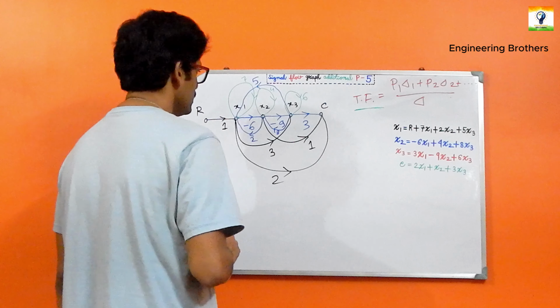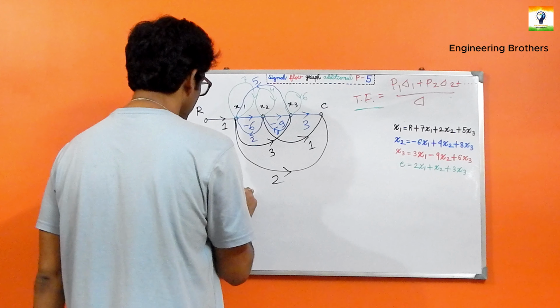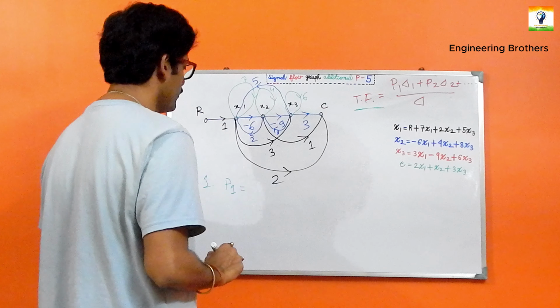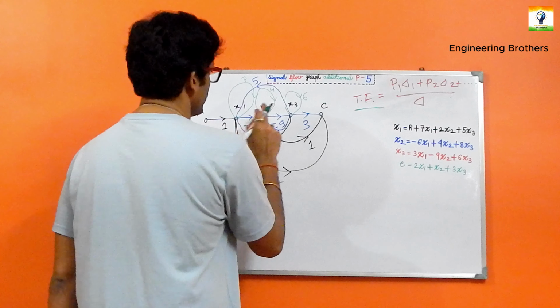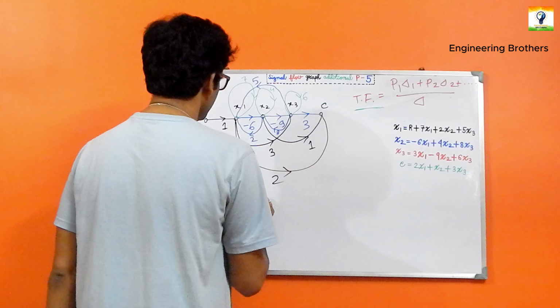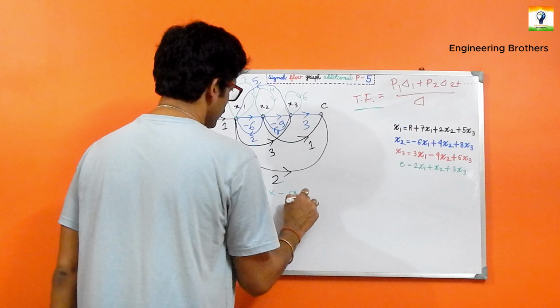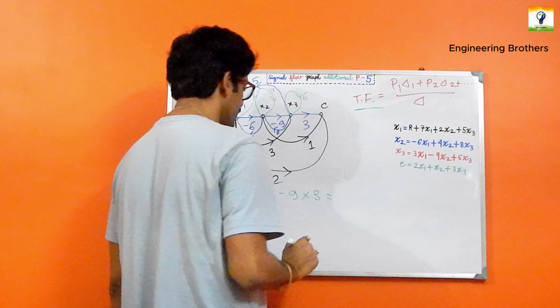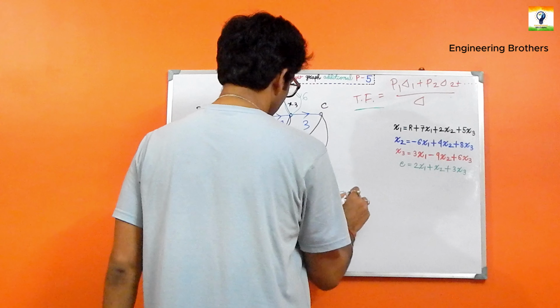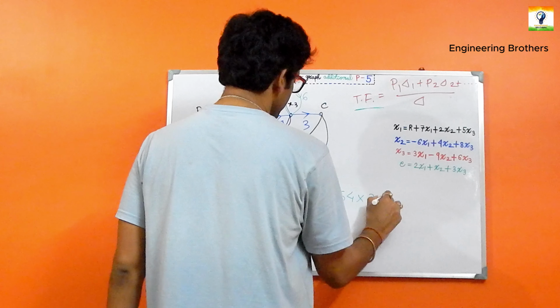Now let us consider what the forward paths are. The first forward path will be P1, and the gain for that forward path will be -6, -9 and 3. Okay, -6 multiplied by -9 multiplied by 3, which is 54 multiplied by 3.